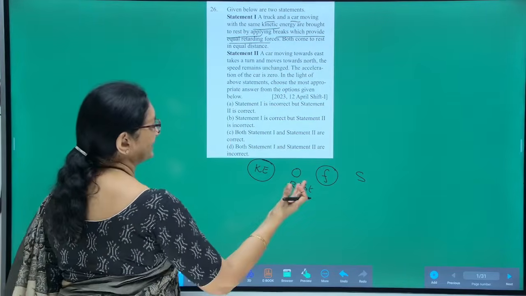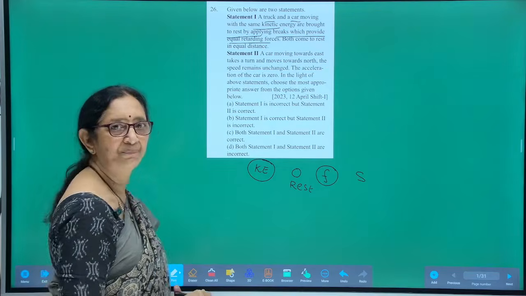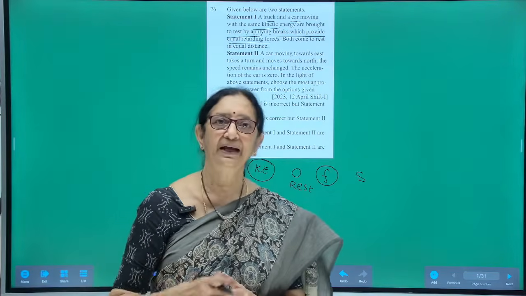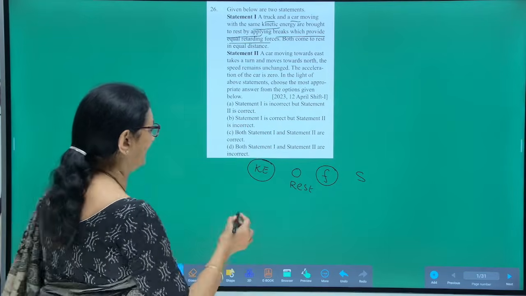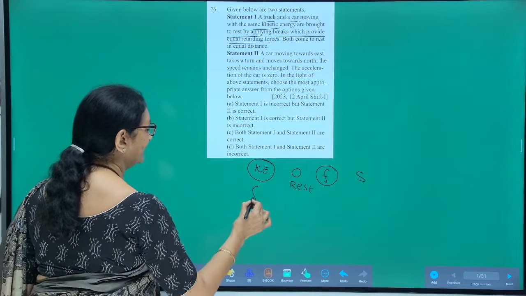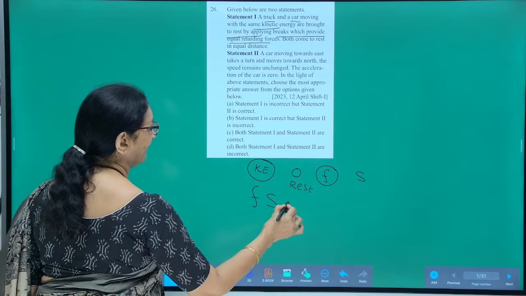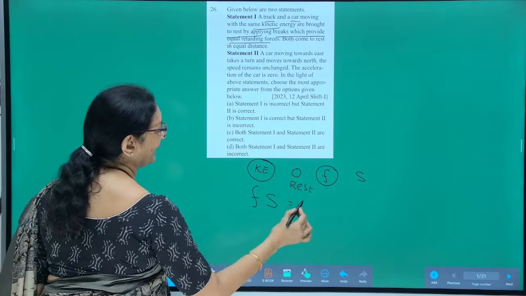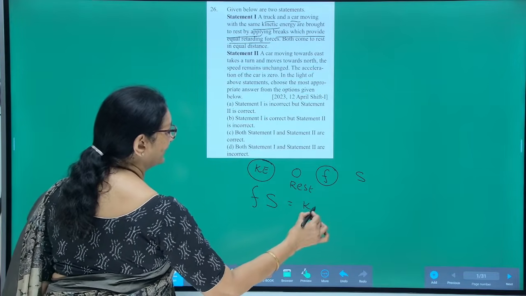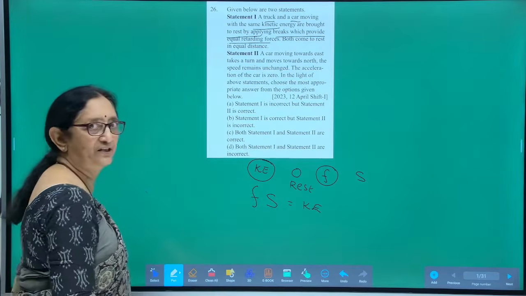So here let us see whether that statement is right or wrong. Work done against friction is equal to lost kinetic energy. So work done against the brake force, that is Fs, is equal to lost kinetic energy, that is KE minus finally 0. So it is KE, which is equal to the initial KE.